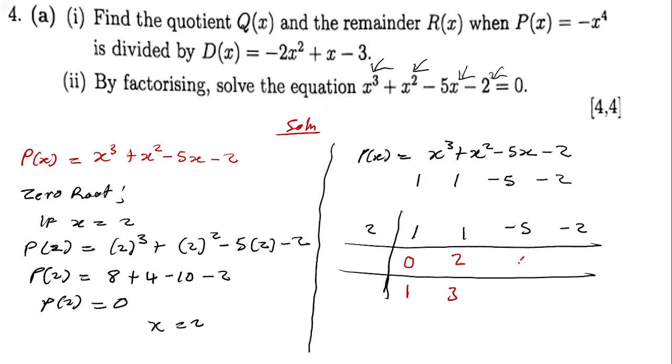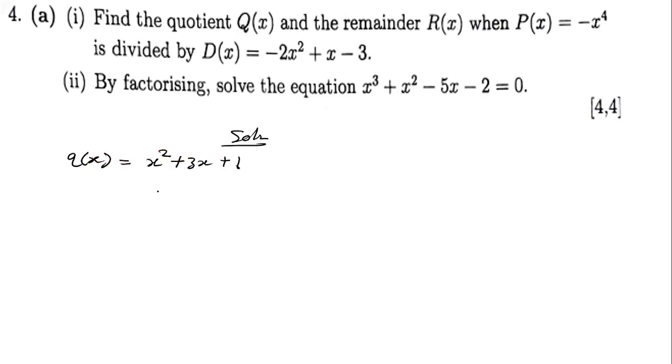This quadratic equation, you can name it q of x, which is simply equal to x squared plus 3x plus 1. When you have that, your next step is to utilize that q of x.